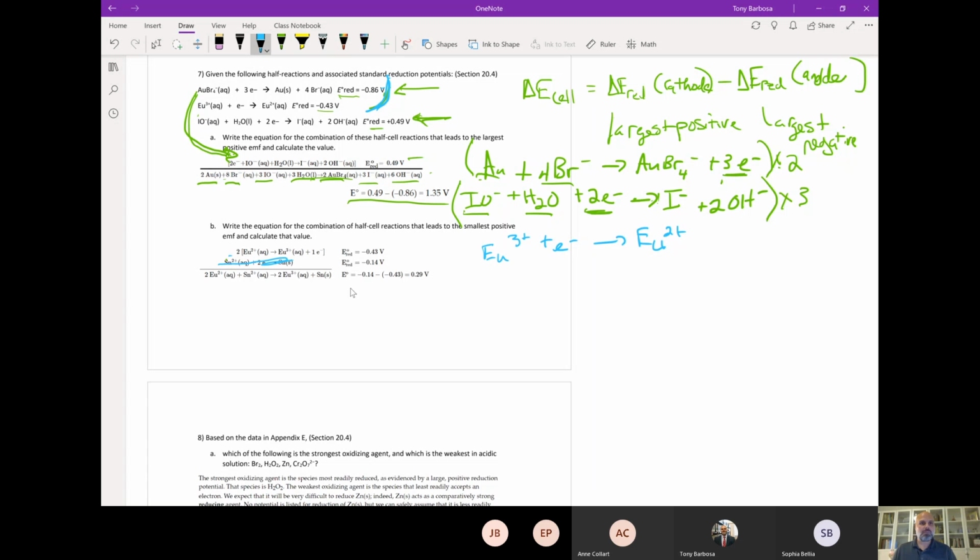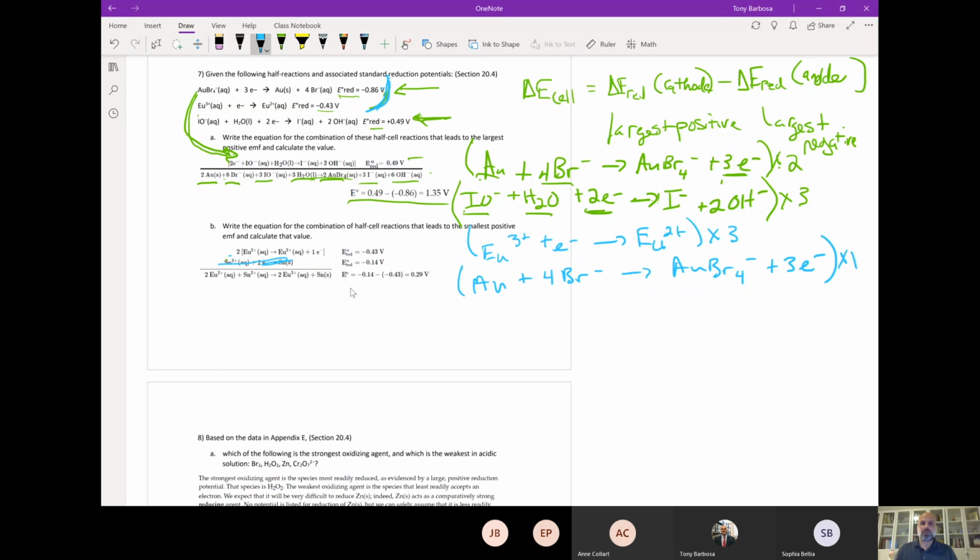And then in the second equation, gold plus 4 bromide going to AuBr4- plus 3 electrons. We have to balance this. The second is simply multiplied by 1, so there's no change there, whereas we multiply the first equation by 3.